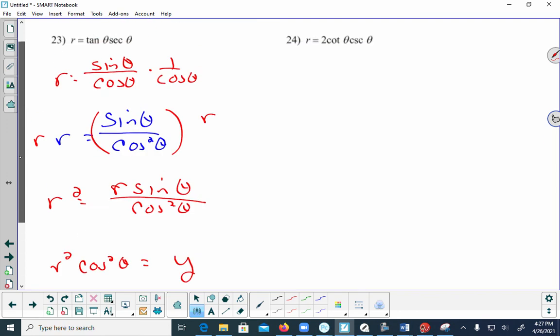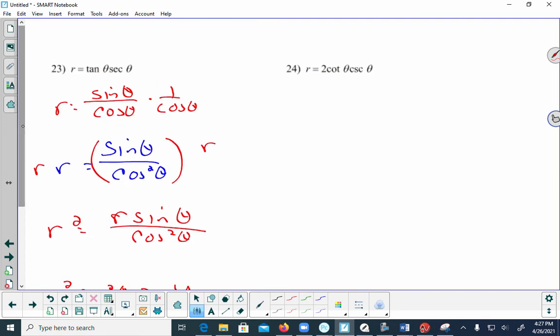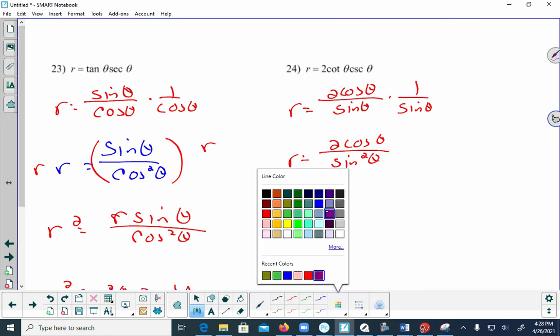And finally, the last one, basically the same thing except it's the reciprocal. So I'm going to say r is equal to 2 cosine theta over sine theta times the reciprocal of cosecant, which is sine theta. So I'm going to have r is equal to 2 cosine theta over sine squared theta. Multiply both sides by r.